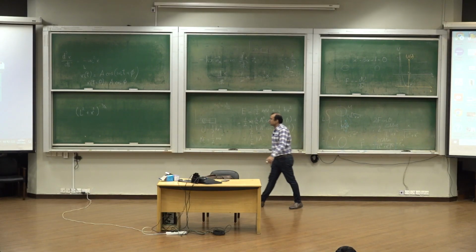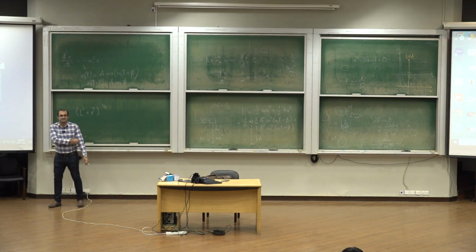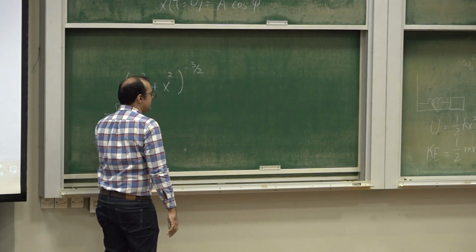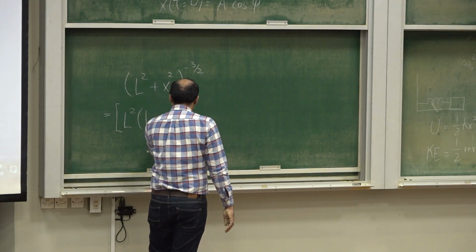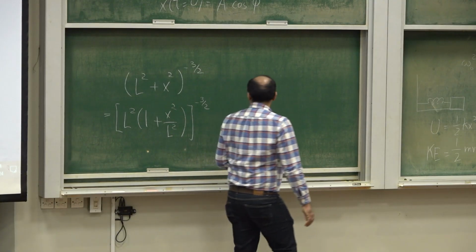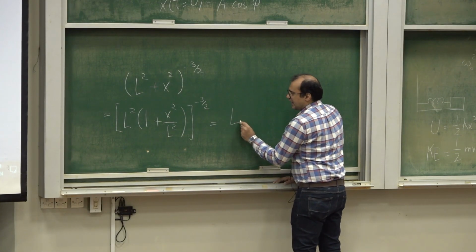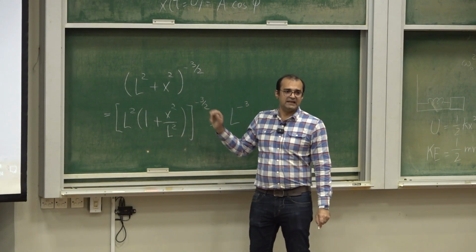I'm going to look at what is this thing approximately equal to when x is much smaller than L. So to do that, first of all I do L square को factor out कर लेता हूँ. मेरे पास 1 plus x square over L square मैं लिख देता हूँ और फिर ये आ जाता -3/2. And this is then equal to L raised to power -3. ये -3/2 पावर इधर भी आ जाएगी, इधर भी आ जाएगी.